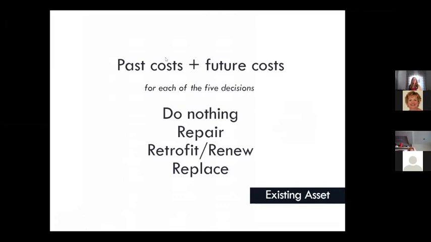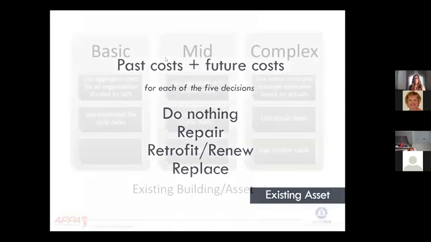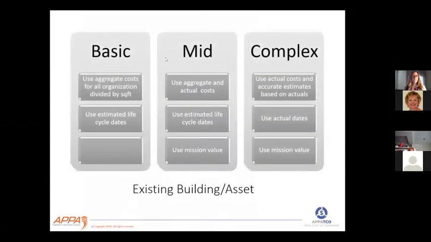So if we look at that existing asset, we're looking at our past costs plus our future costs to look at the five decision making pieces. And then if we look at our basic, mid, and complex, our basic is for our existing assets.